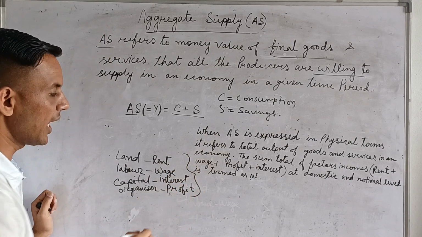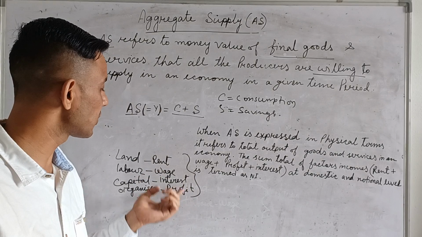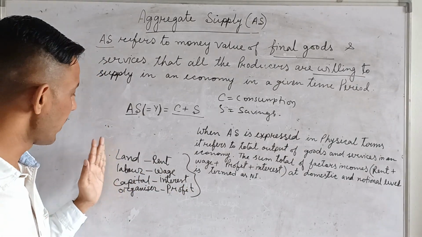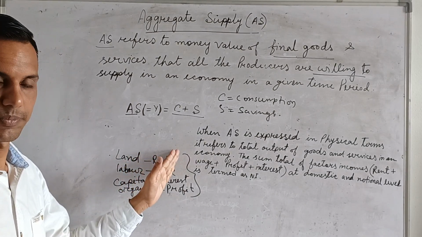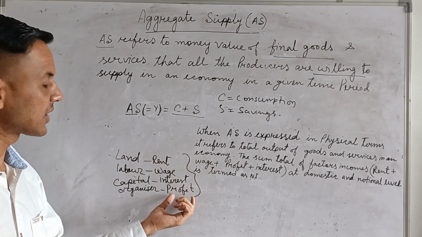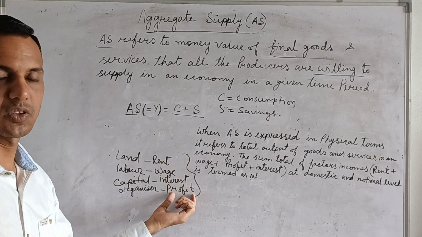So these four are the factor incomes. What is it called? Factor incomes. It means these are the four factors of production, and when they receive some remuneration, then this is called factor incomes. So these are the four factors and these are the factor incomes.